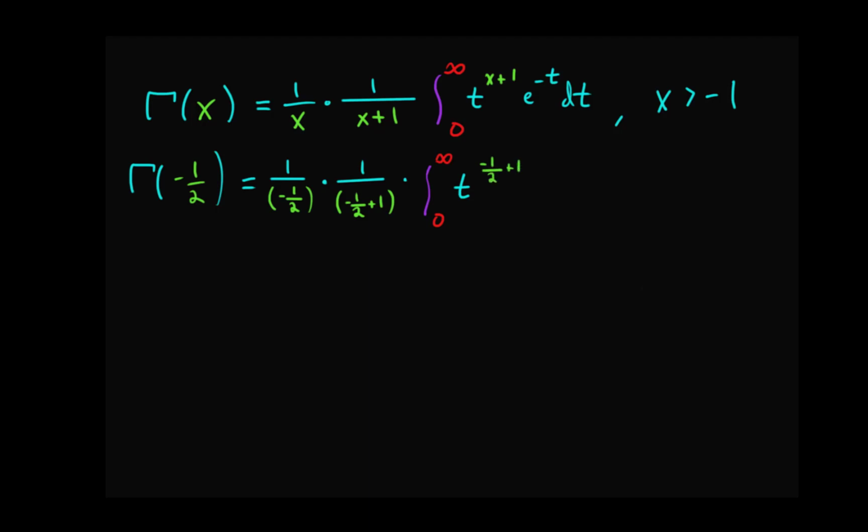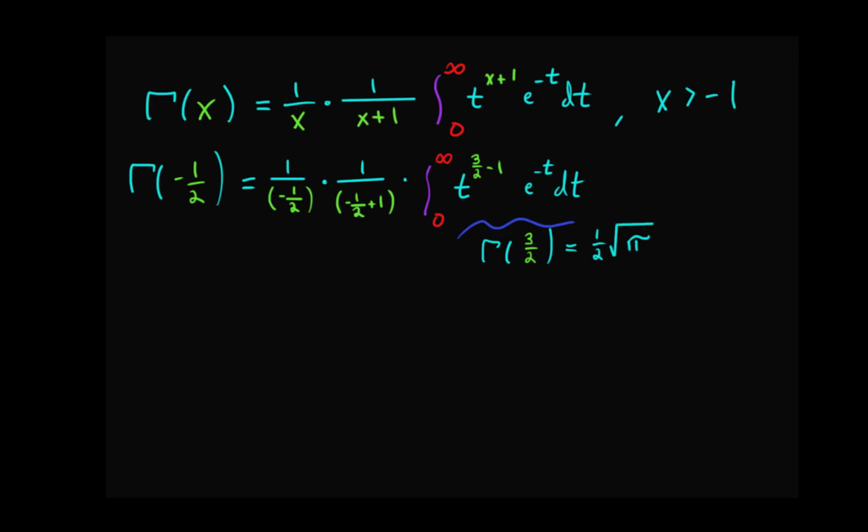And now it just takes a little bit of ingenuity to realize that negative 1/2 plus 1 is just 1/2, which can be rewritten as 3/2 minus 1, and that just makes this integral into gamma of 3/2, which we already computed in this video a little bit earlier, equals 1/2 times the square root of pi.